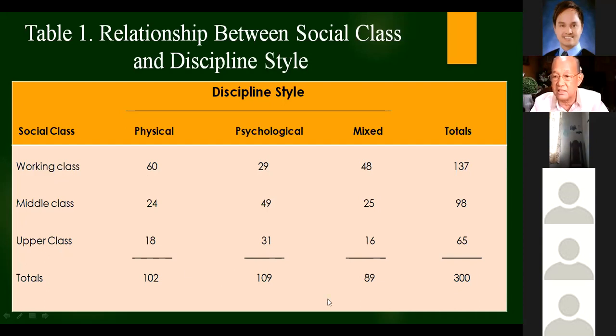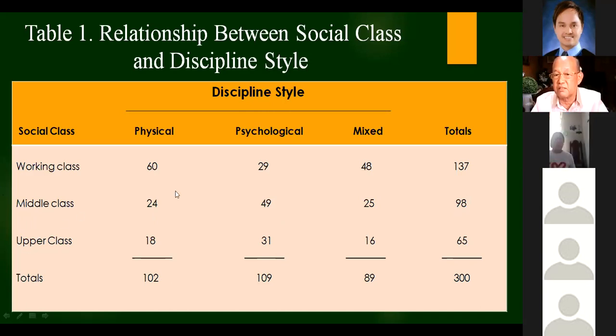So in this case, there are 300 parents participating in the study. Out of 300, 137 parents belong to the working class, 98 belong to the middle class, and 65 belong to the upper class.